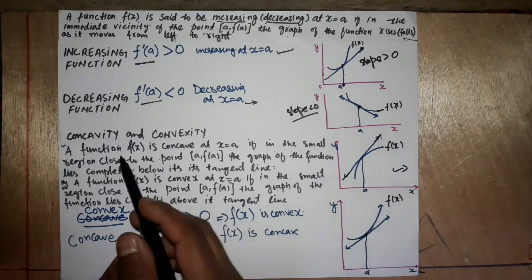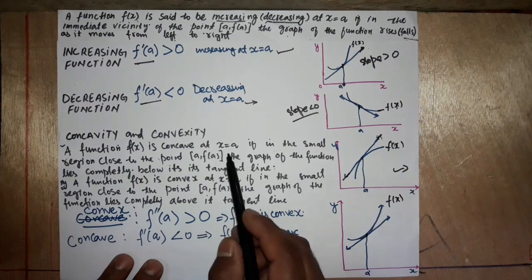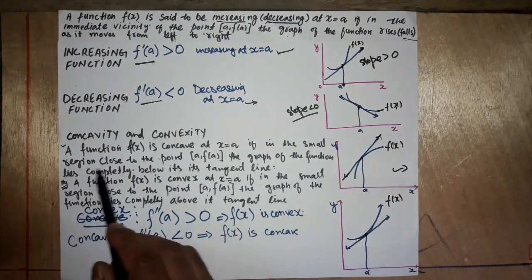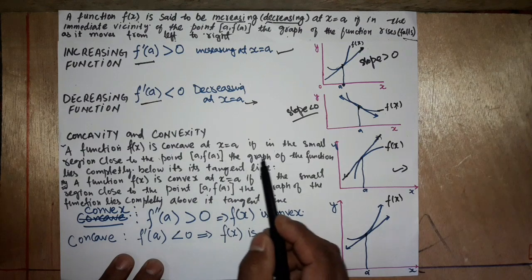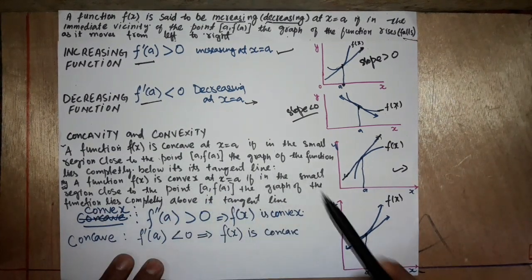Now, concavity and convexity. A function f of x is concave at x is equal to a if in the small region close to the point a, f of a, the graph of the function lies completely below its tangent line.